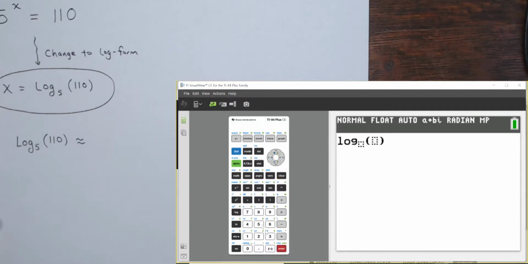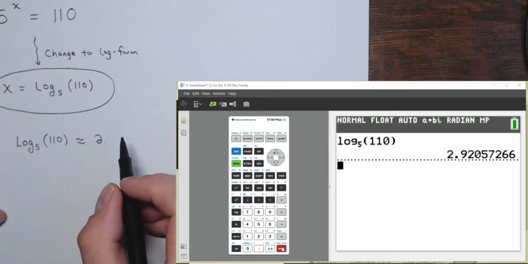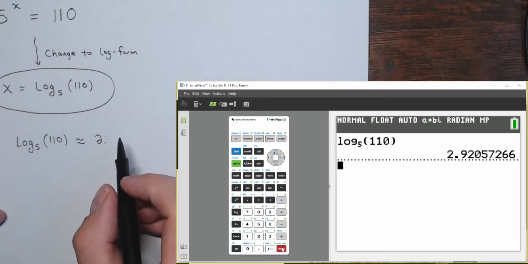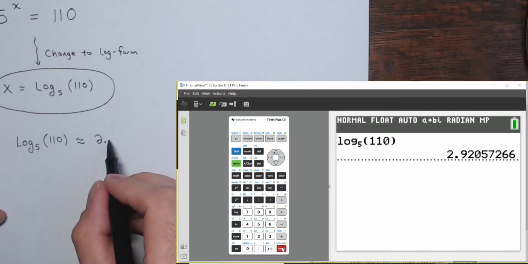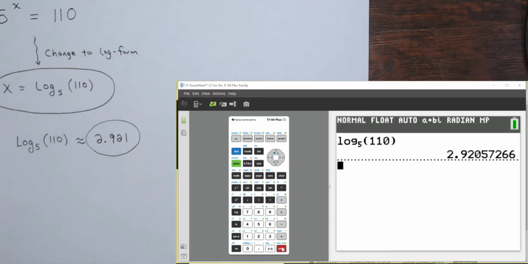So I go log base 5 of 110, and the answer is approximately 2.9205. The fourth decimal place is 5 or higher, so I'm bumping the third decimal place up 1 when I round. So x is approximately equal to 2.921.